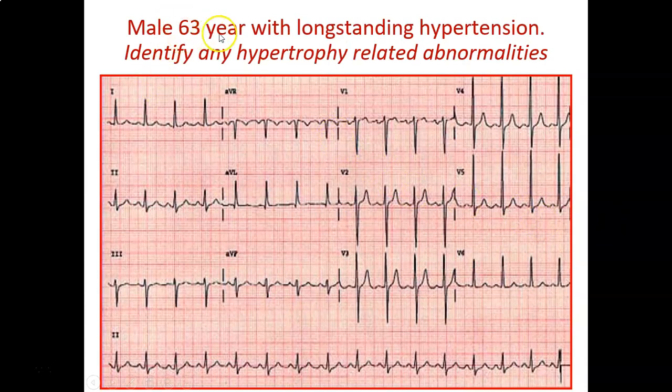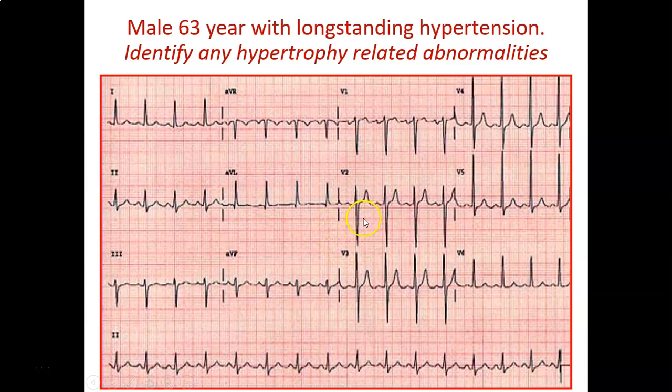This is a 63-year-old male with long-standing hypertension. Identify any hypertrophy findings on this ECG, especially the left ventricular hypertrophy. So look at leads V1 and V2. See which one is the deepest. Obviously it's lead V2.